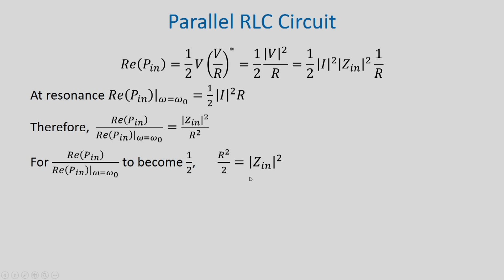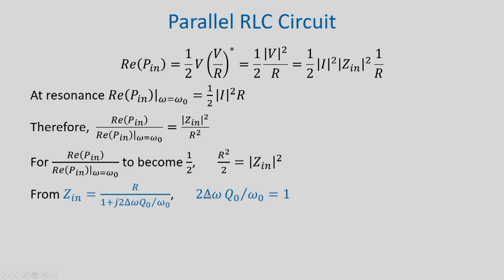Now, we already have an expression for the approximate input impedance of the parallel RLC circuit near its resonant frequency, and therefore, we can write Z in is equal to R divided by 1 plus j 2 delta omega Q naught by omega naught.